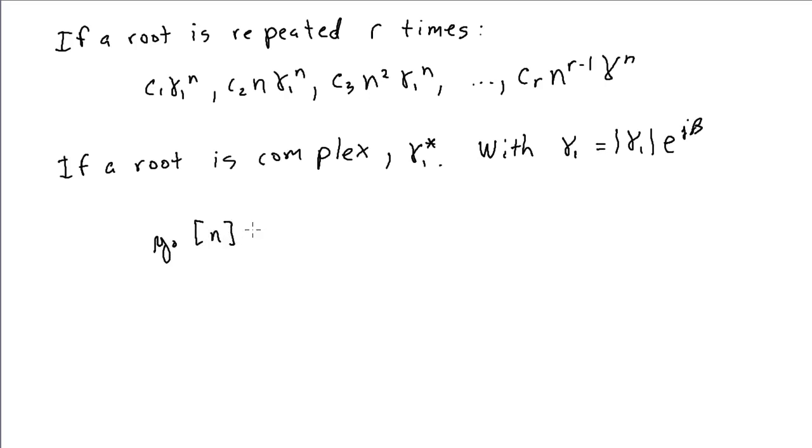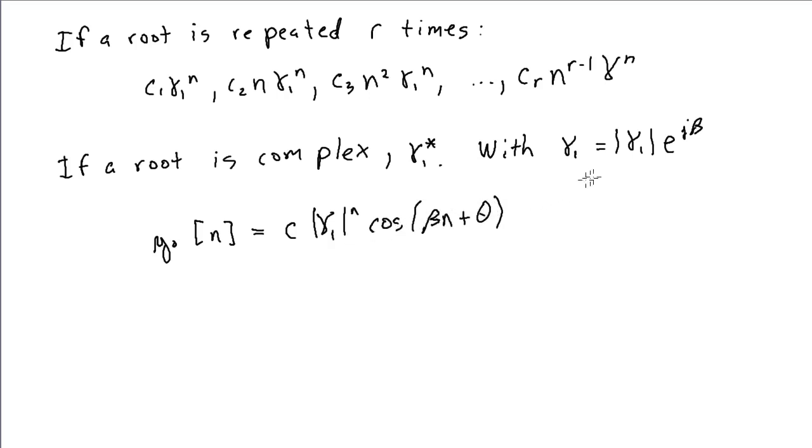then the solution corresponding to this particular pair of complex roots, one at gamma 1, one at gamma 1 conjugate, I can write in this form. There's two arbitrary constants. C is one of them, and then times cosine of beta n plus theta.